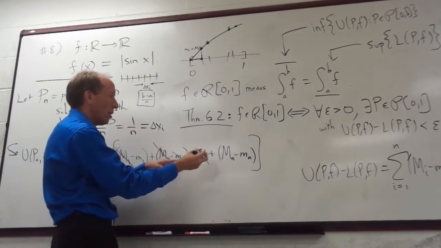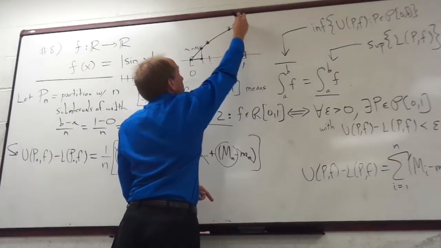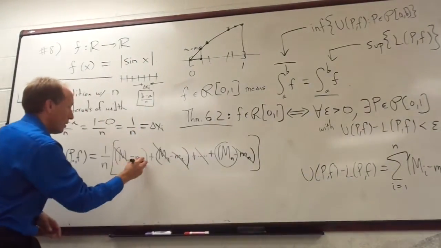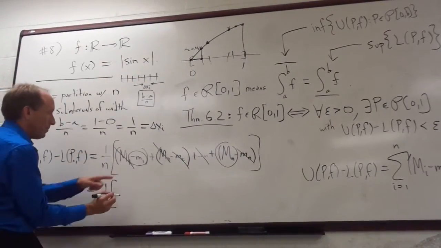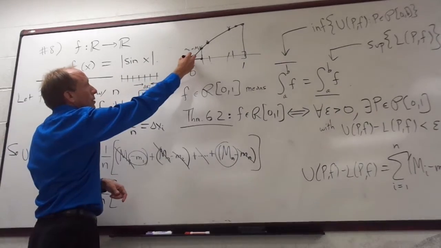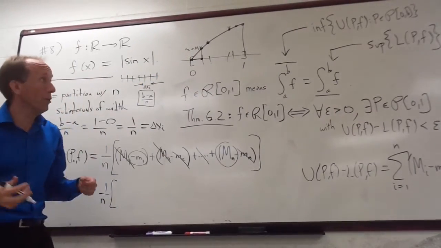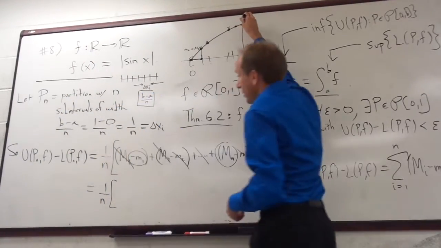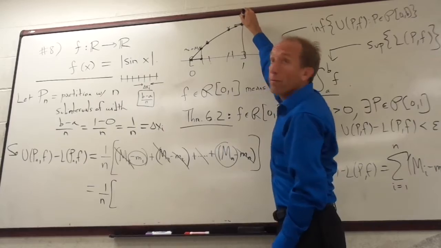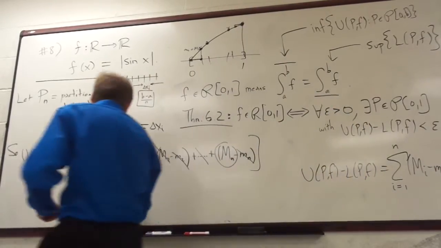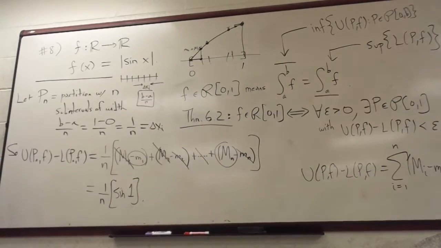All the way along the line, they're all going to cancel out except for the very biggest number and the very smallest number. In this case, little m1 is equal to sine of 0, which is 0. And big Mn is equal to sine of 1. So this is just the sine of 1.